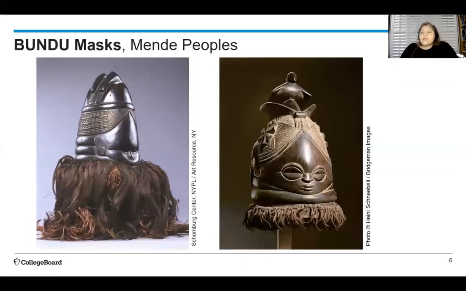So the Bundu masks were made for the Sunday Society within the Mende peoples, within the Mende population. This is a masquerade tradition that is believed to still exist in Sierra Leone and Liberia, but there's been some civil unrest in that area of Africa, so historians aren't quite sure how alive this practice and tradition still is, but it's been a long-standing one in this area of Africa.